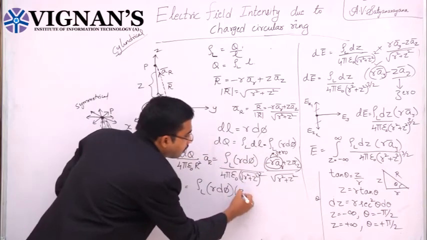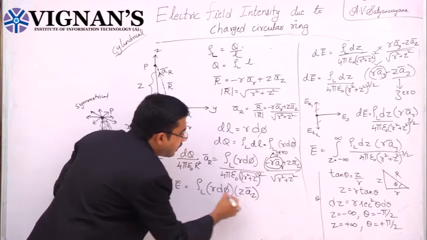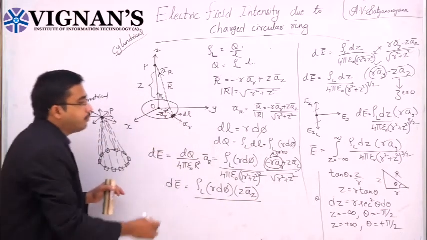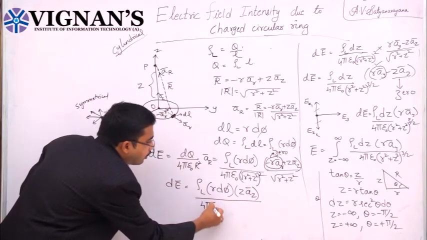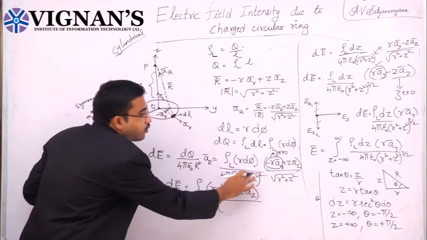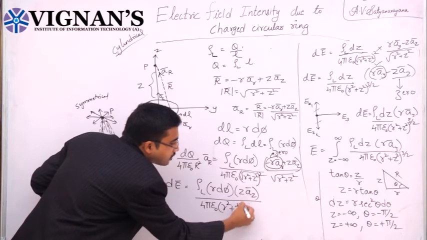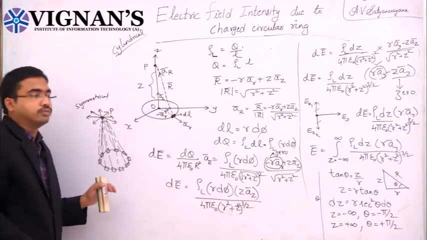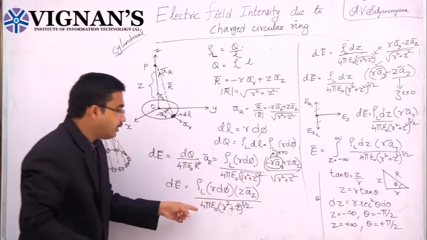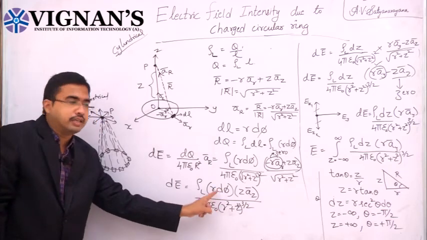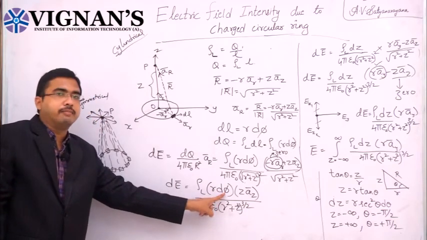So the only left component is Z into AZ bar divided by 4 pi epsilon naught into R square plus Z square whole power 3 by 2. Now here the only variable component is phi. What is the limit for phi?